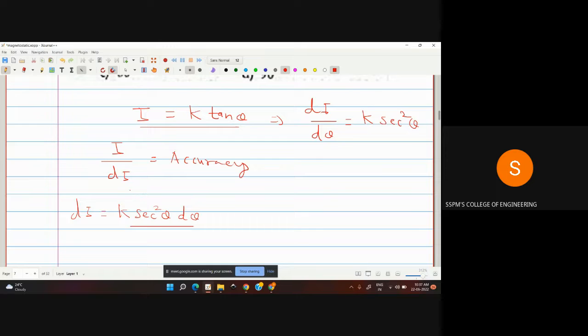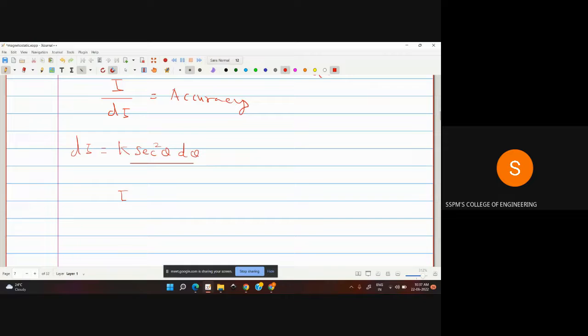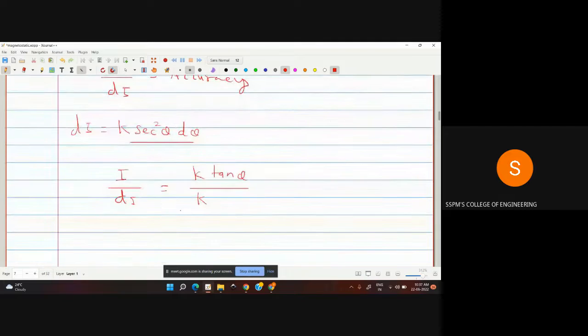I is K tan theta. So I divided by dI is equal to K tan theta divided by K into dI is K into sec square theta d theta.